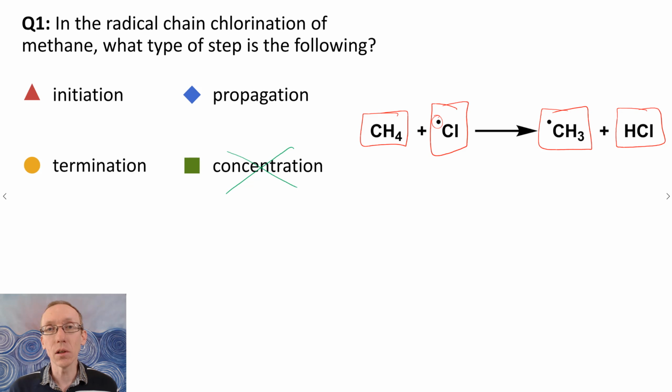So there's a radical on the starting material side and a radical on the product side, and any step in a radical chain mechanism where we have radicals as starting materials and radicals as products is a propagation event. We're not generating new radicals, but we're not destroying old radicals either, so it's propagating the radical chain. The correct answer is the blue diamond, propagation.